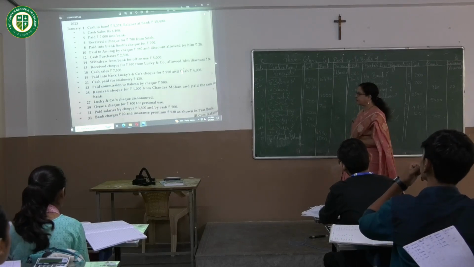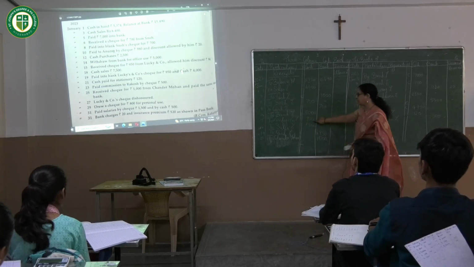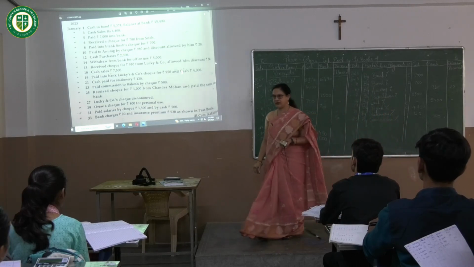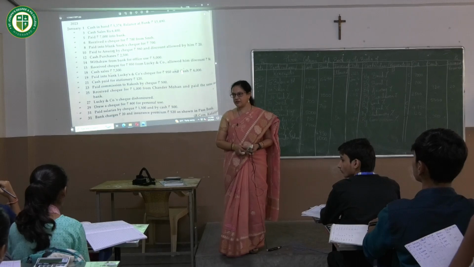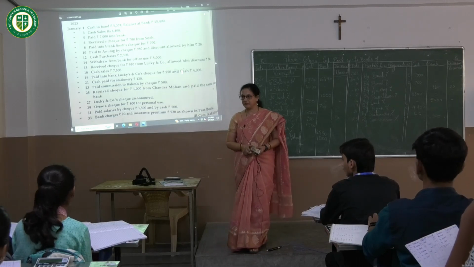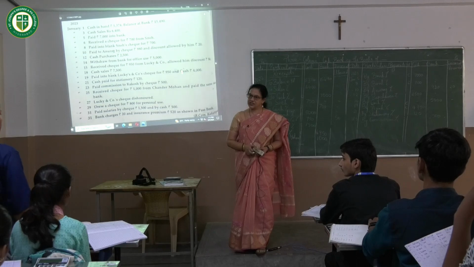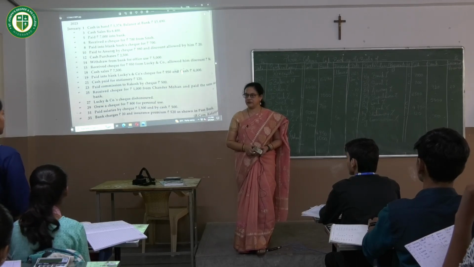Then on 27th, what happened? Lucky's check. The check that you deposited for 950, that got dishonored. What is meant by dishonor of checks? Ganga? What is meant by dishonor of checks? Just reverse the entry.